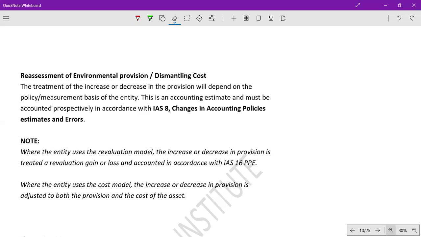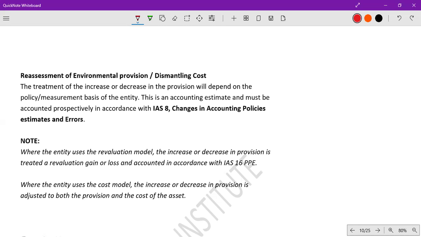So how do we measure this? This will bring what we call an increase in provision or a decrease in provision. The recognition of this increase or decrease will depend on the measurement basis of the entity. A change in environmental provision is not a change in accounting policy and must be measured prospectively in accordance with IAS 8.